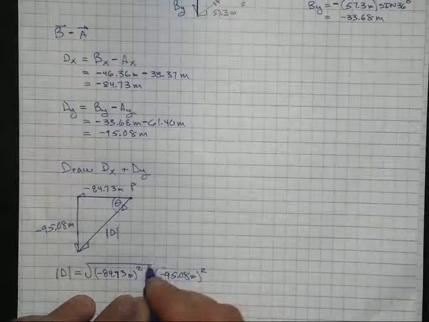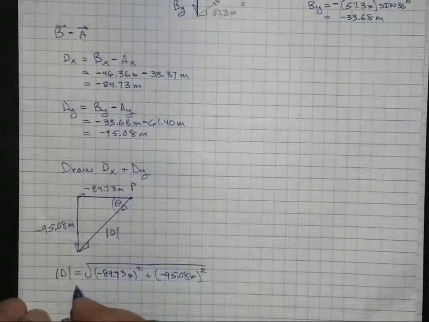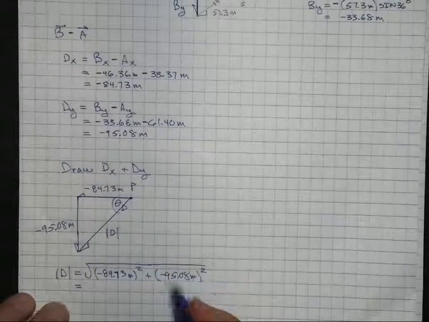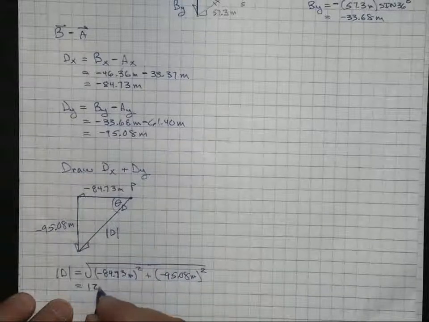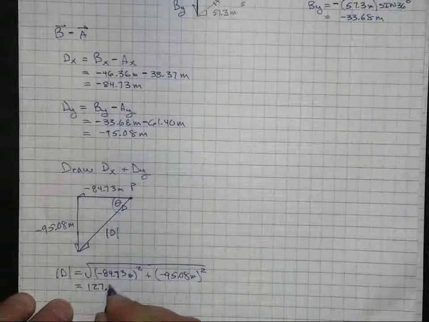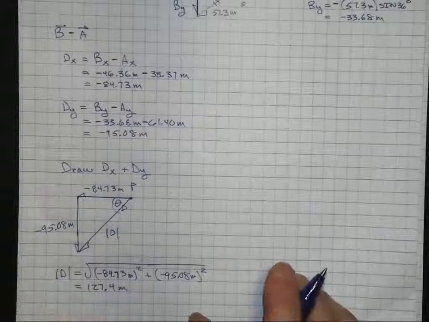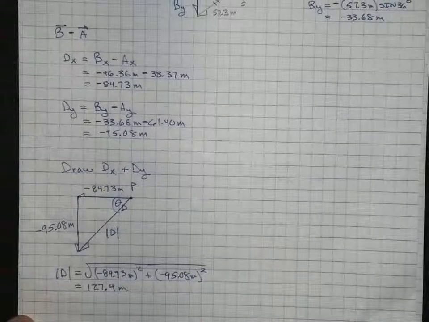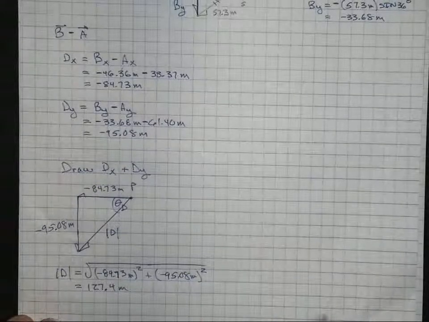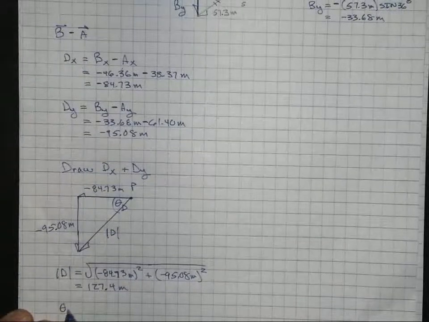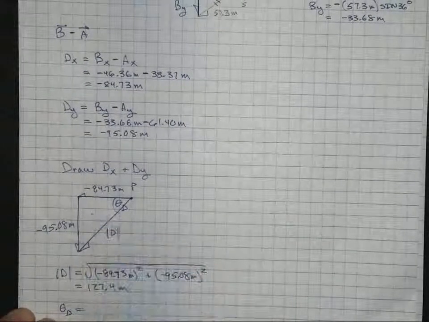The square root of the sum of the squares. Not a hard thing for you to do. You'll get that the magnitude is 127.4 meters if we want to round it to 4 sig figs.